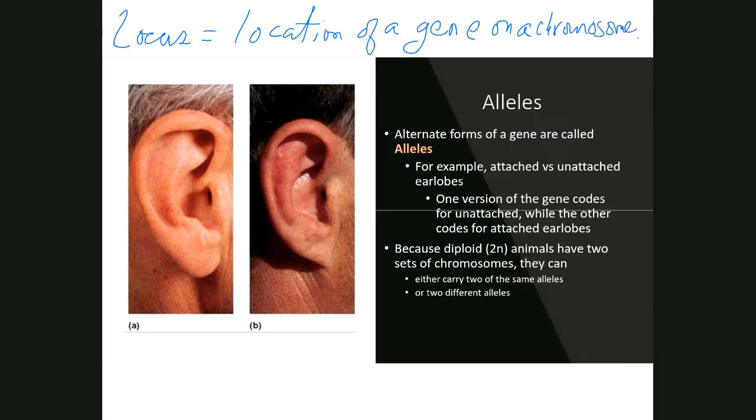Okay, so for any particular locus on homologous chromosomes, they would have the same gene in that location. All right. So, for example, if you had this chromosome from one parent and this chromosome, this is before meiosis happened, so they don't look like tetrads, and they don't look like replicated chromosomes.